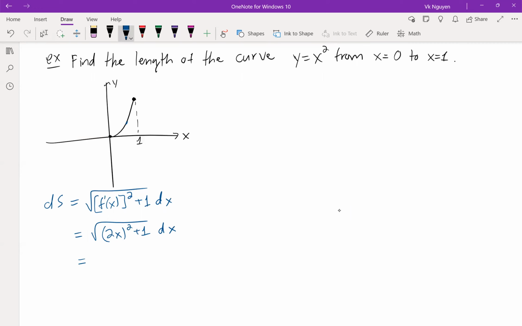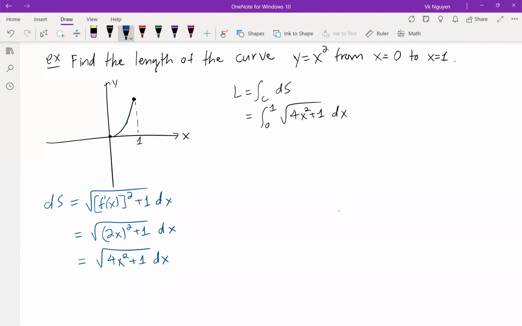So we have root of 4x squared plus 1 dx. The length of the curve is the integral over the curve C of ds, which is the integral from 0 to 1 root of 4x squared plus 1 dx.